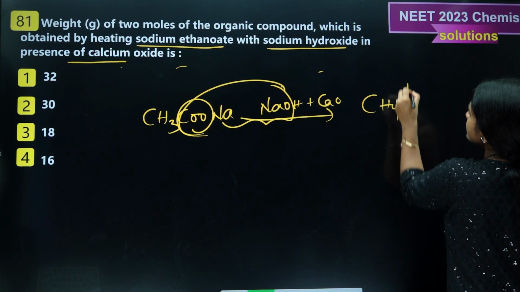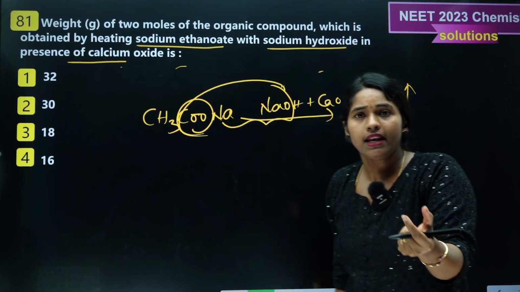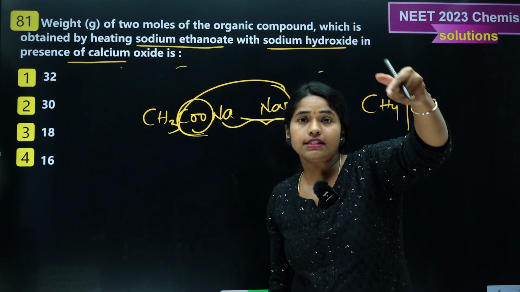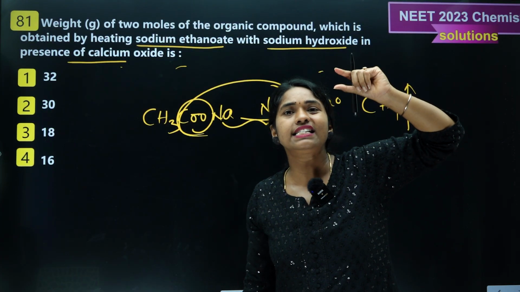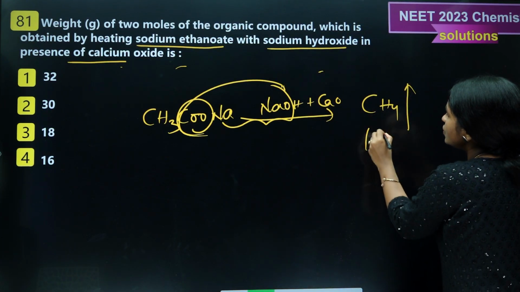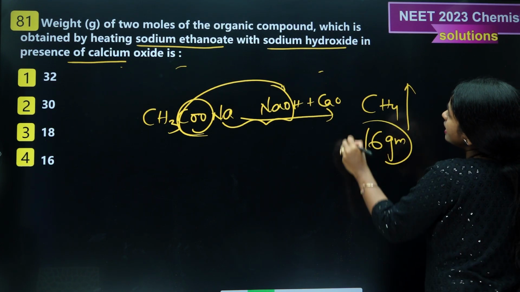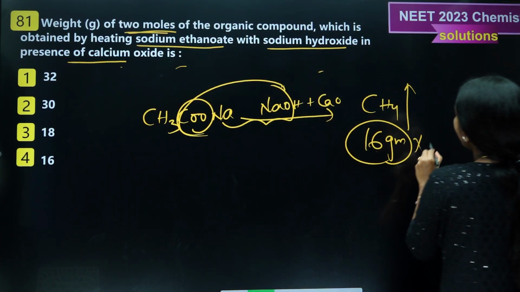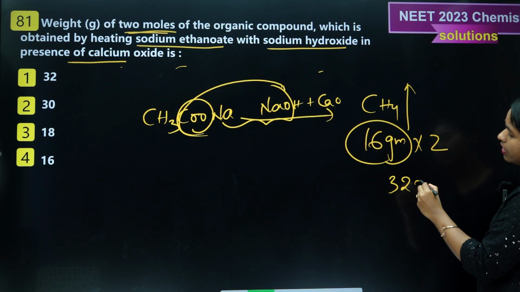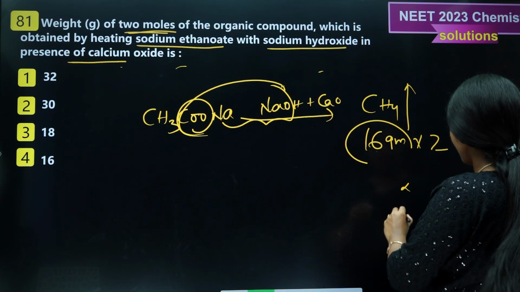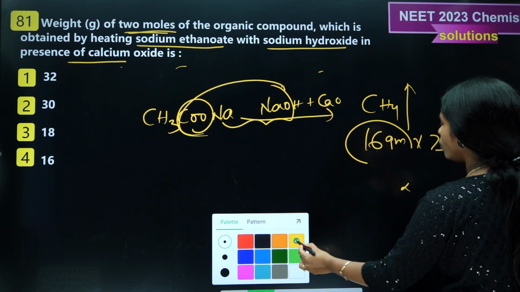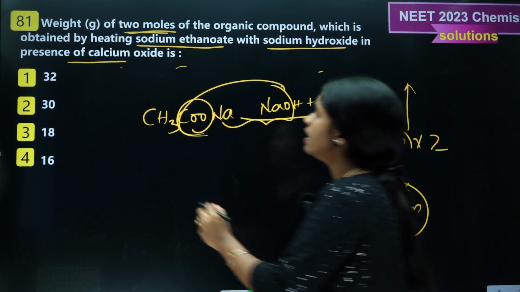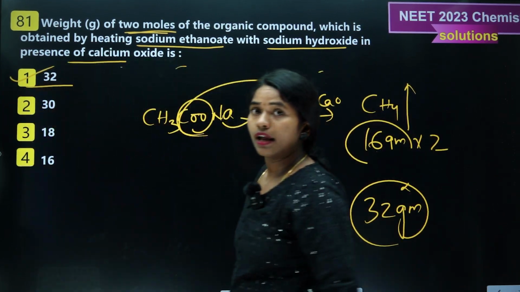CH4 is the gas. Methane gas will be released. What is the carbon? Atomic mass 12, and 4 hydrogens, 4. Total 16 is for 1 mole, 16 grams. But they were asking the weight of 2 moles. So 16 twos are, for 2 moles it is 32 grams. So which option is the correct answer? Option number 1 is the correct answer.